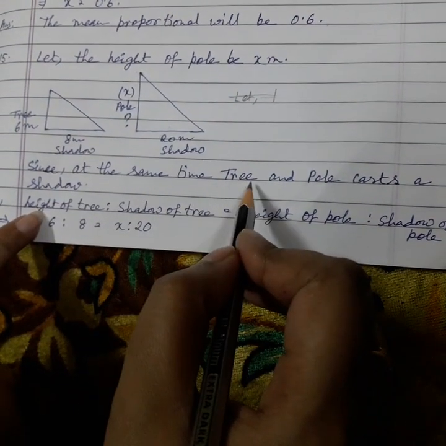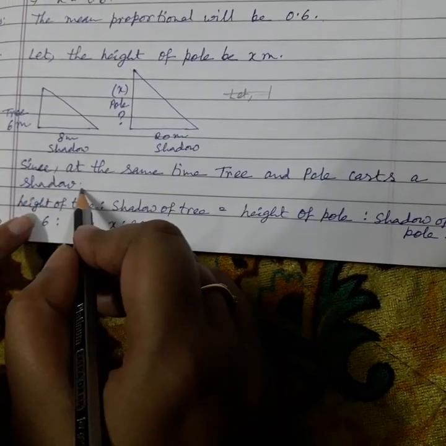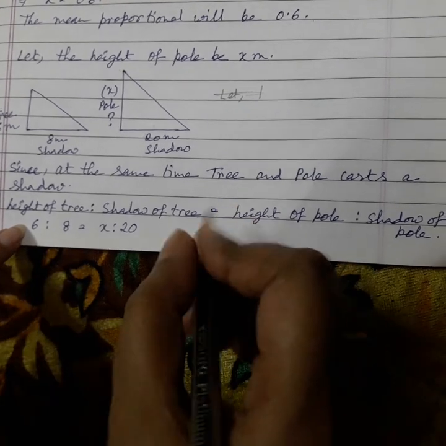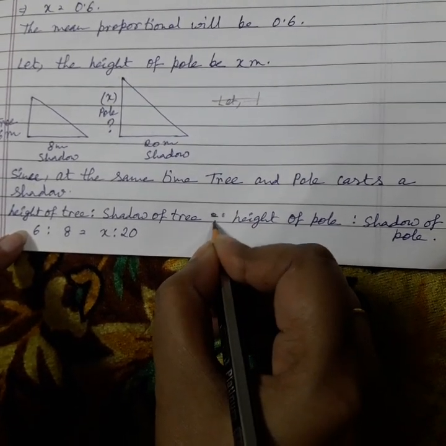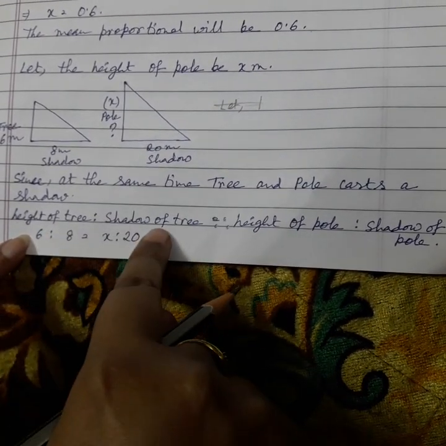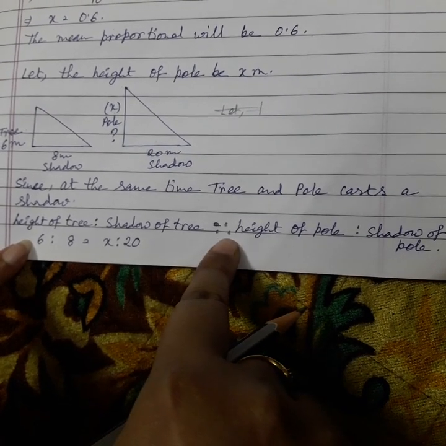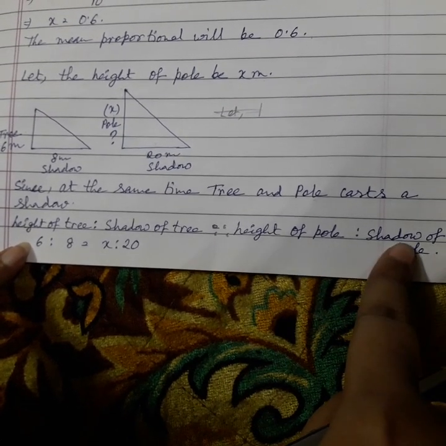Since at the same time the tree and the pole cast a shadow, we can write that they are in proportion. Height of the tree is to shadow of the tree proportional to height of the pole is to shadow of the pole.